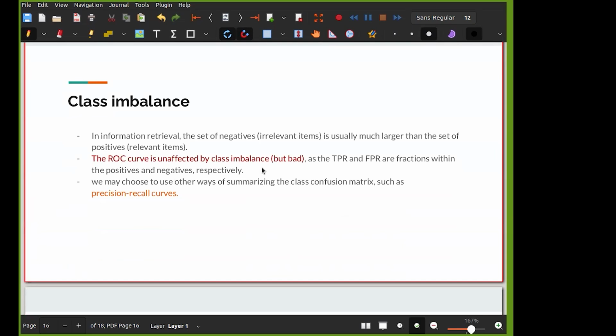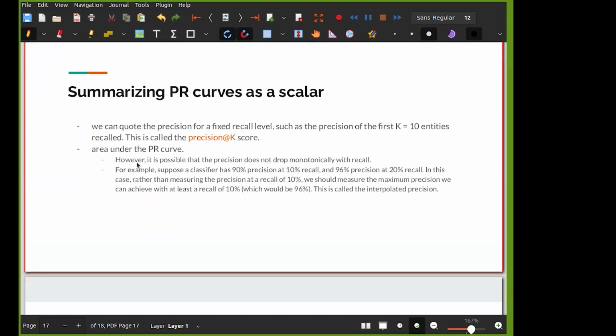And especially in these situations, precision recall curves can come to our rescue, which is another way to summarize your model performance. Now there are more ways to summarize PR curves. One way to think about it is we can quote a precision for a fixed recall level, such as precision of the first 10 entities recalled.